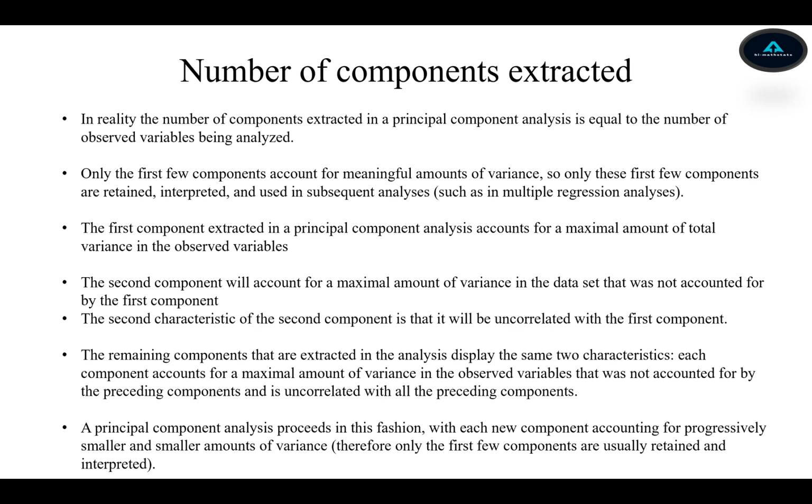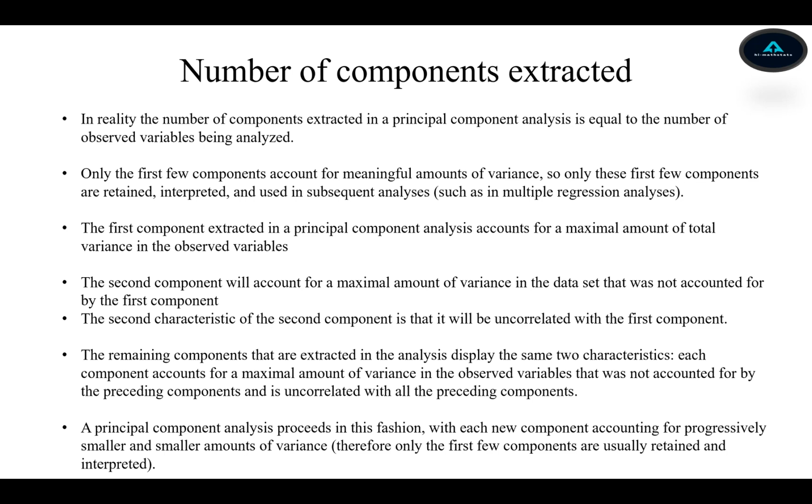So, the remaining components that are extracted in the analysis have these two characteristics: each component will account for the maximal amount of variance in the observed variables that was not accounted for by the preceding component, and it will be uncorrelated with all the preceding components.